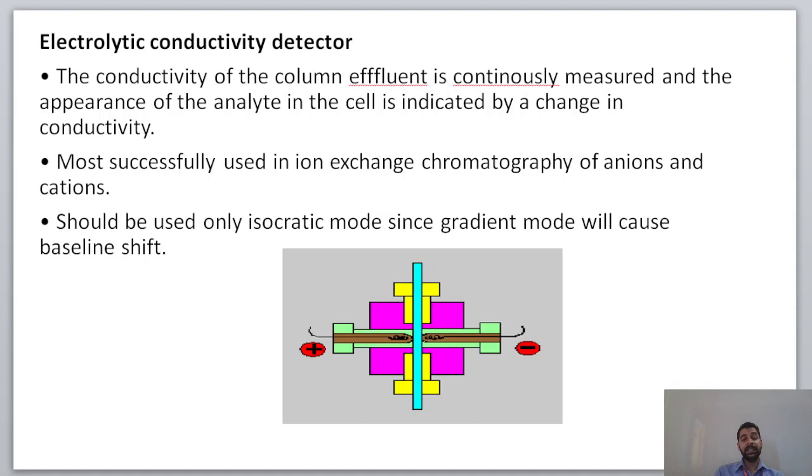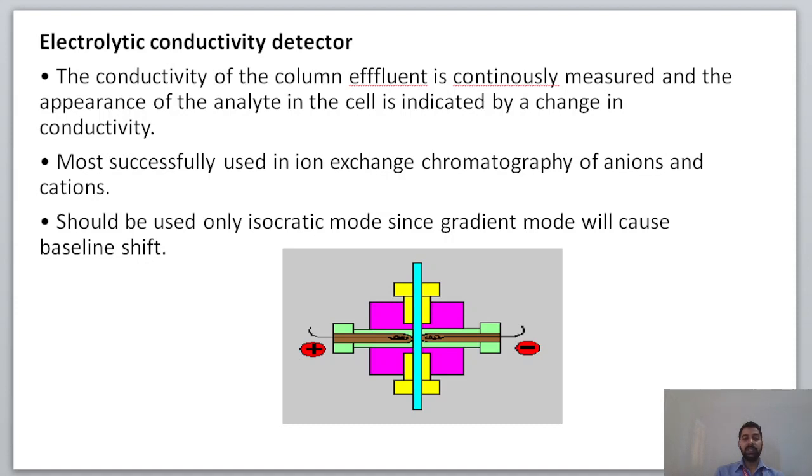Next is the electrolytic conductivity detector. The conductivity of the column effluent is continuously measured, and the appearance of the analyte in the cell is indicated by a change in the conductivity. It is most successfully used in ion exchange chromatography of anions and cations.